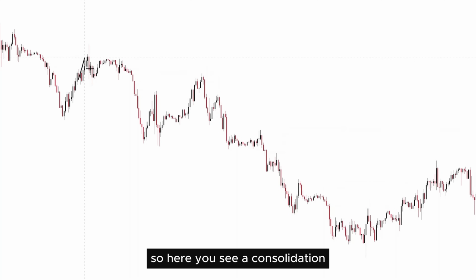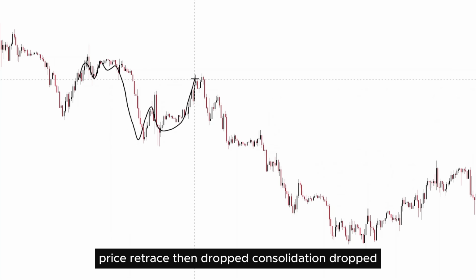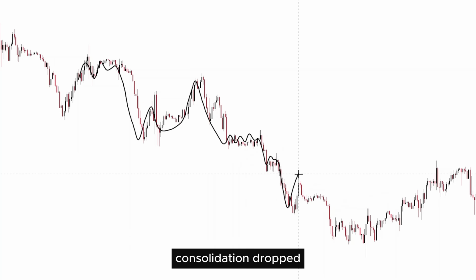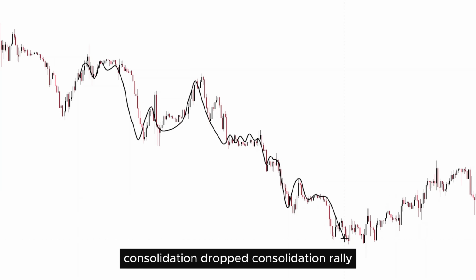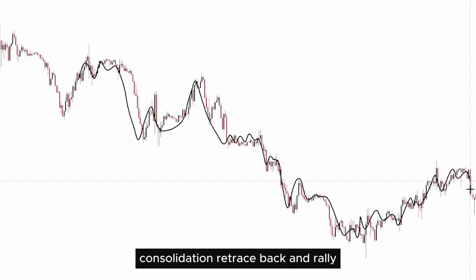So here you see a consolidation, then price dropped. Price retraced, then dropped. Consolidation, dropped. Consolidation, dropped. Consolidation, rally. Consolidation, retrace back, and rally.